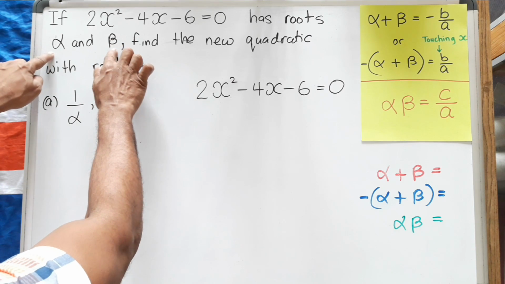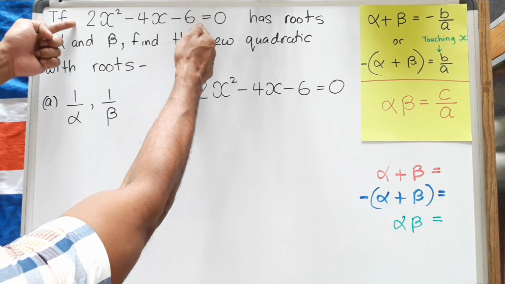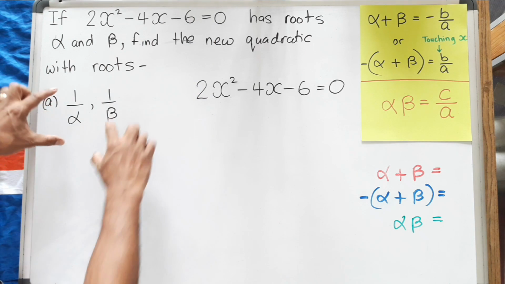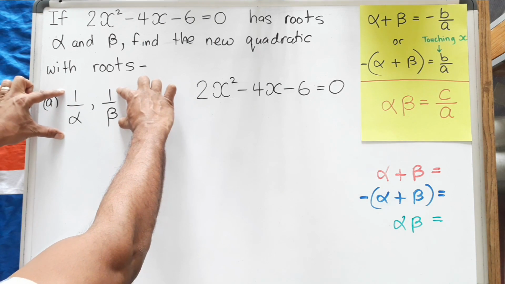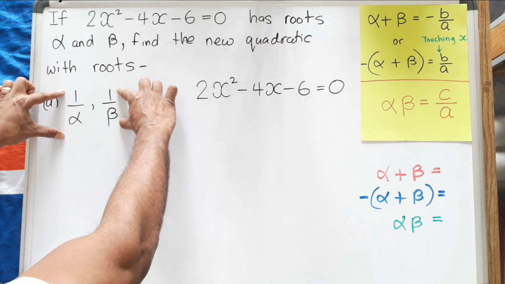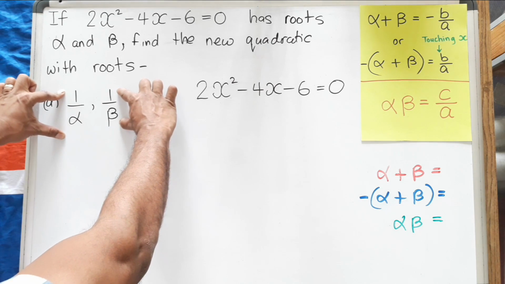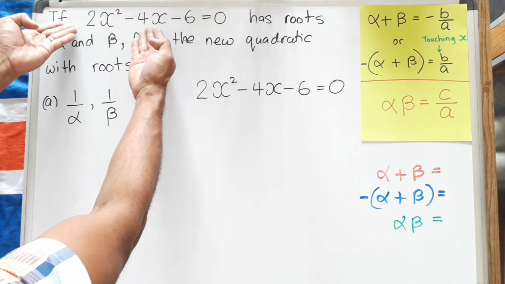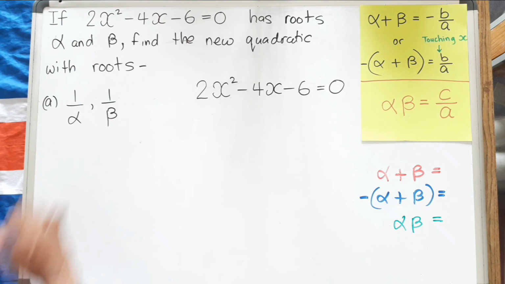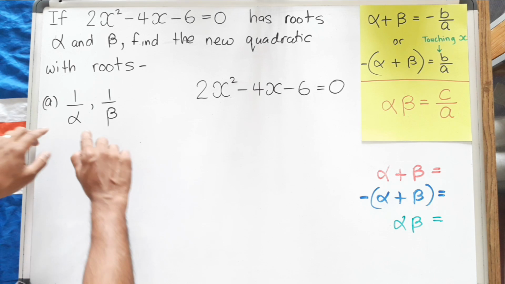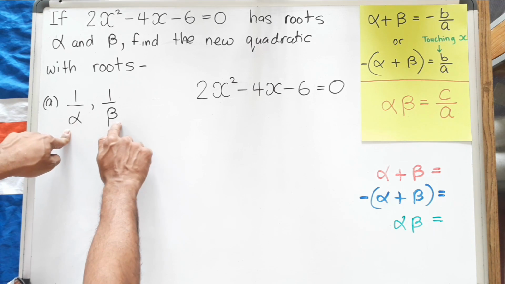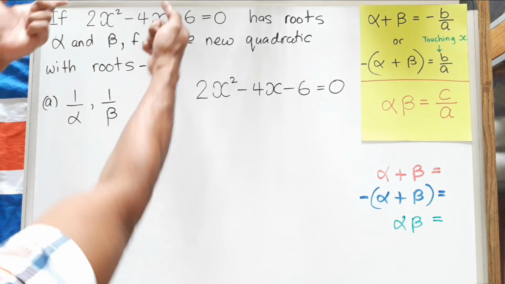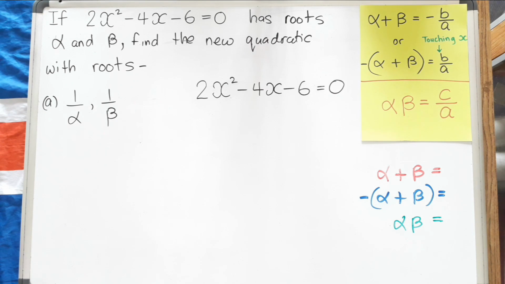So if these 2 roots give you this quadratic, if I change the value of the roots, if I were to find back the quadratic it came from, it would not look like this. In fact, the numbers would change up. So that's what we're doing. I am telling you there are 2 new roots, and we want to find back the original quadratic.